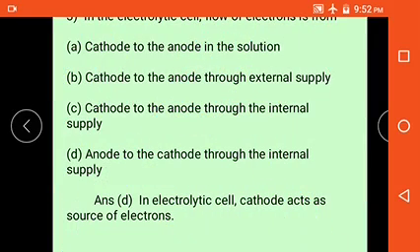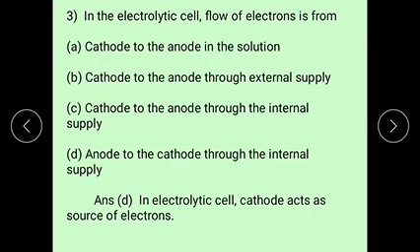Question number 3. In the electrolytic cell, the flow of electrons is from: A. cathode to anode in the solution, B. cathode to anode through the external supply, C. cathode to anode through the internal supply, D. anode to cathode through the internal supply.